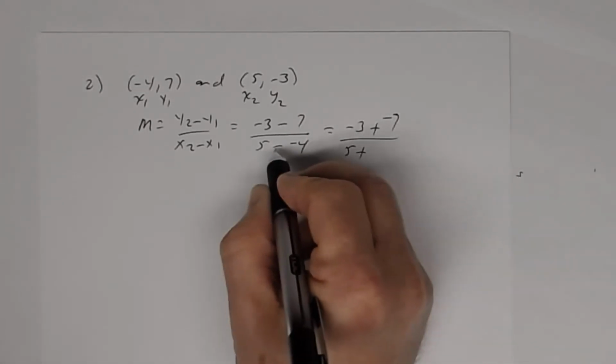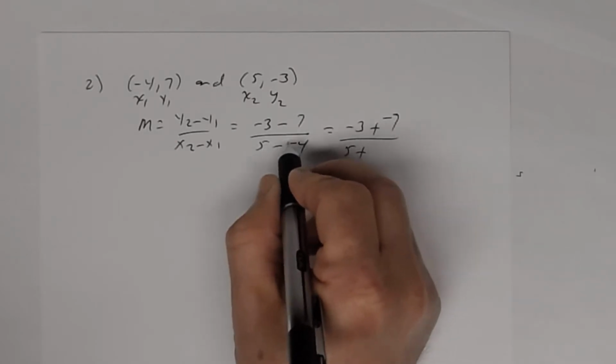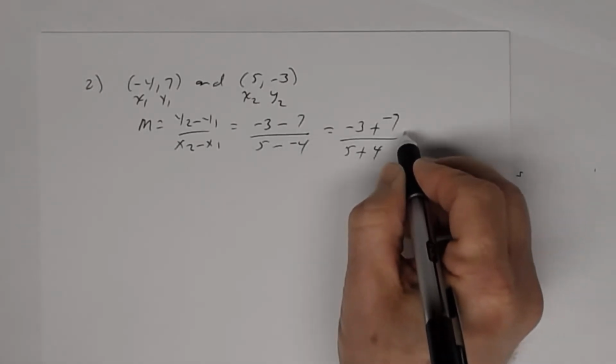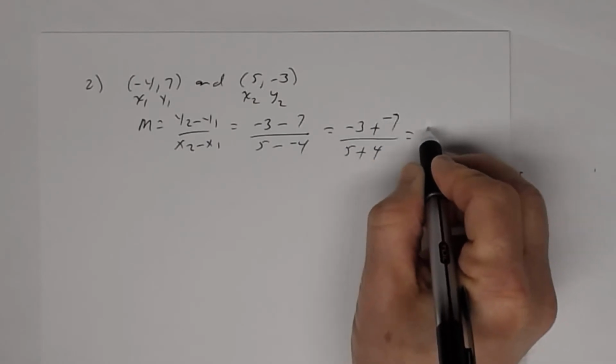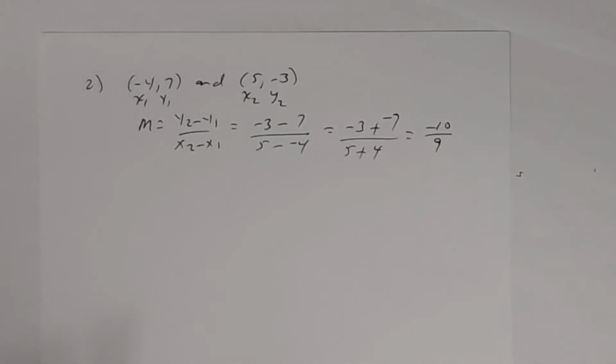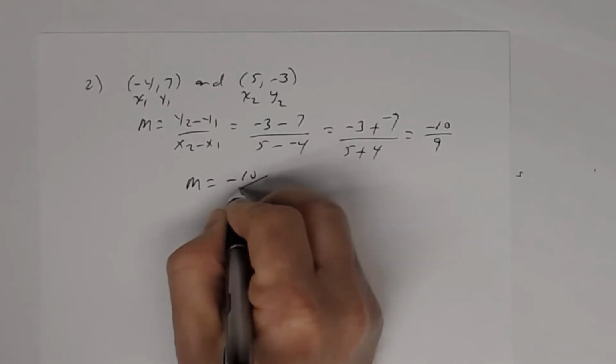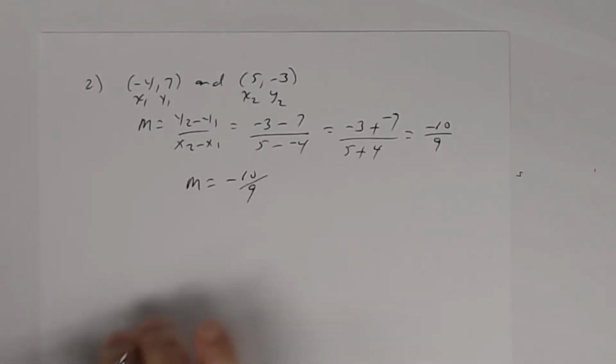Remember, always change subtraction to addition by adding the opposite. So that's 5 plus 4. A -3 and a -7 is a -10, and 5 plus 4 is 9. So the slope is -10/9, and you cannot reduce this.